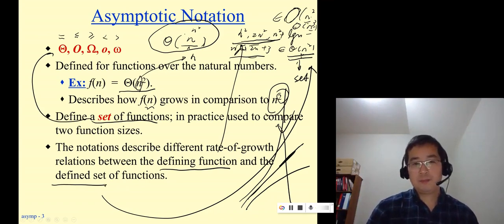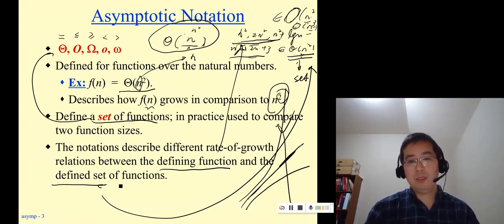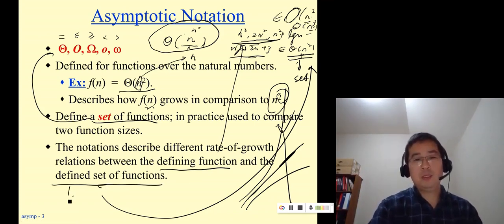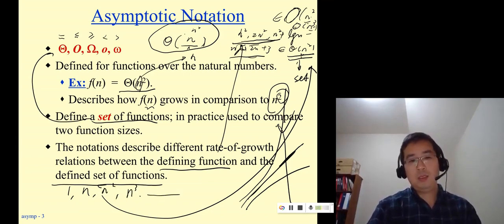Okay, so we have a defined set unit: 1, n square, and n cubic. This is a set of functions, so we can think of it as representative complex functions, and then we can define a set based on this one: theta of 1, theta of n, or big O of 1, big O of n, in this sense.